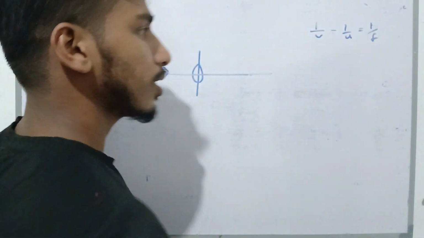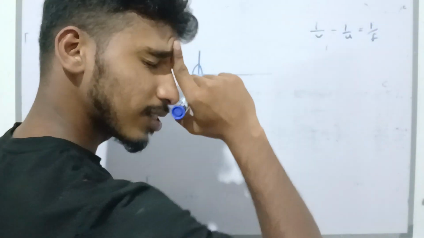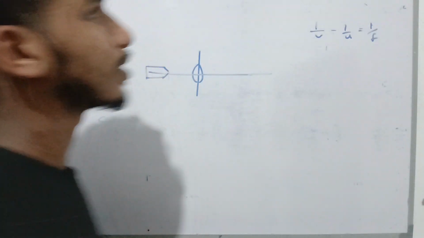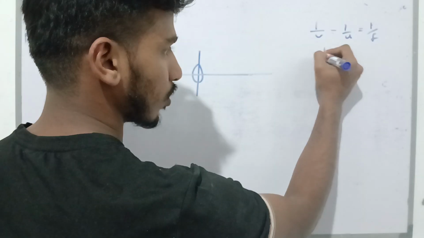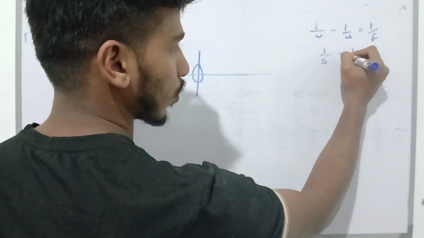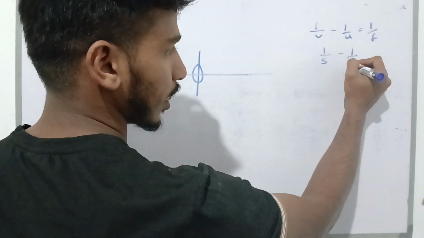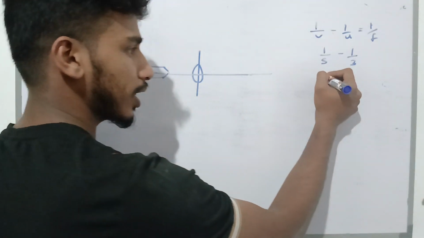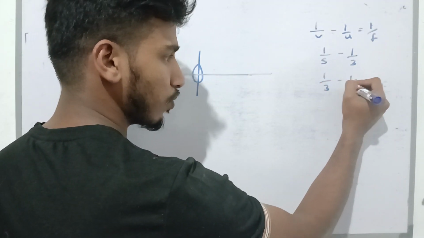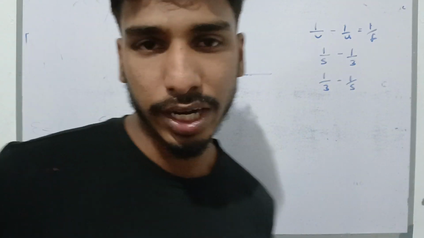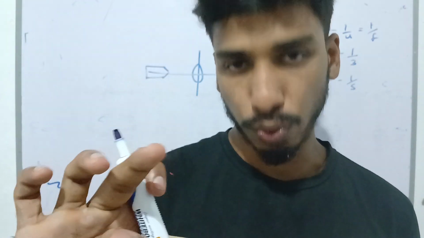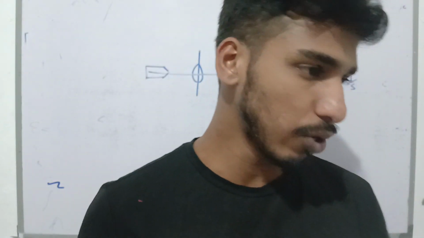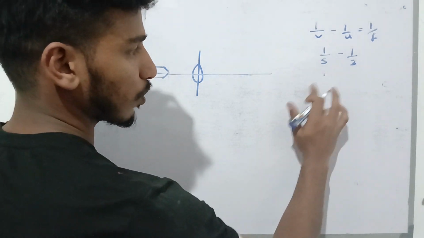Now we should understand, I think in the last class I said that if I had 1 over 5 minus 1 over 3, and if I had 1 over 3 minus 1 over 5, it will also have the same magnitude. So that's why I said you can interchange v and u, so that you will again get the same focal length. So just remember that concept before you start this.